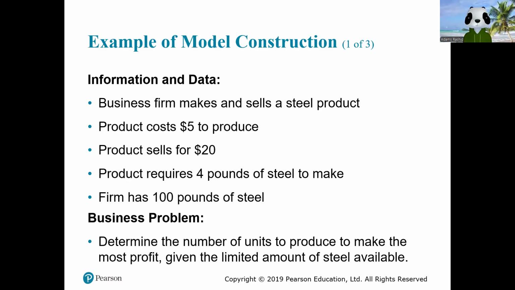The constraint is that you have only 100 pounds, but 4 pounds will produce 1. So 4 times x should not exceed 100. So this is called your constraint. This is what we call the model, the formal mathematical statement of the problem.